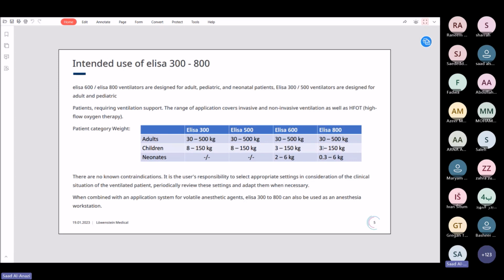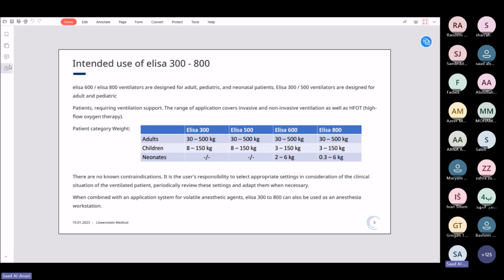For the children, from 3 to 150 kilos, and for the adult, starting from 30 to 500 kilograms. So that means the ELISA 800 can support all patient categories, starting from a severely premature baby, starting at 350 grams, up to 5,000 ml for the patient. It's really a great option.